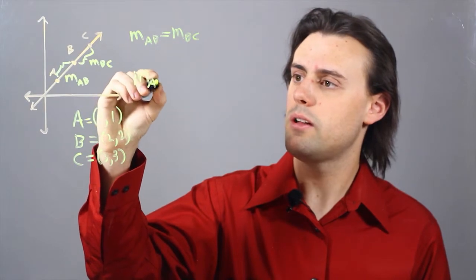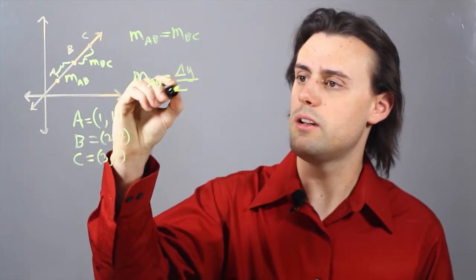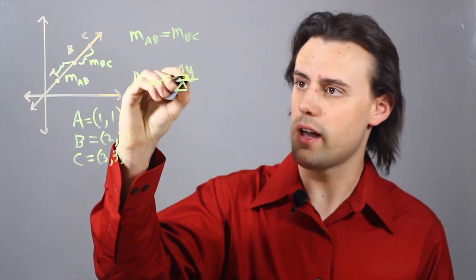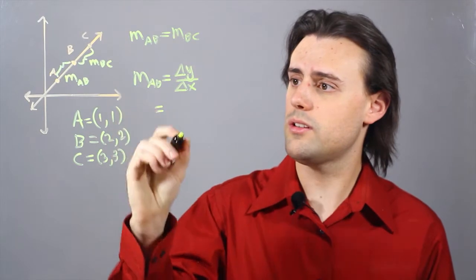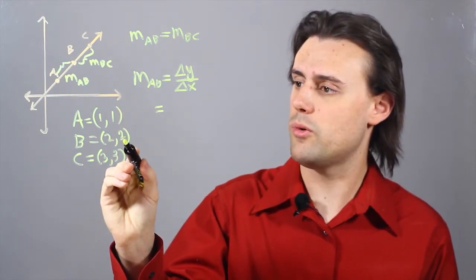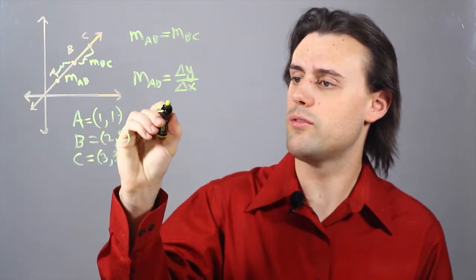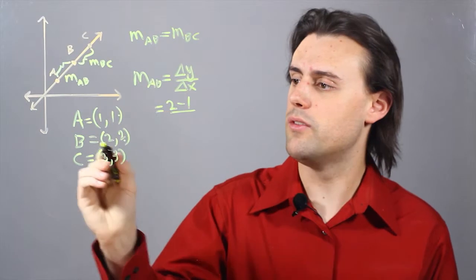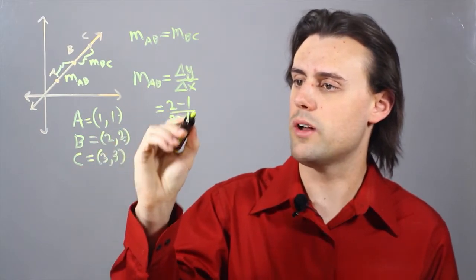So m sub AB is equal to the change in y divided by the change in x. So in this case, the change in y is going to be this coordinate point minus this component of the coordinate. So we have 2 minus 1 divided by the same thing, change in x, 2 minus 1.